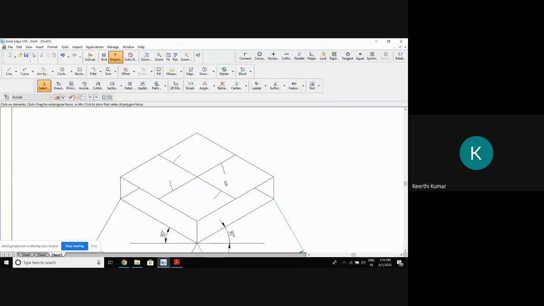I hope you have done this arc. Then go for the line. From this, you draw the parallel line from the arc. Then from here, you must draw the parallel to the boundary. Remember, this should be parallel to the boundary line.